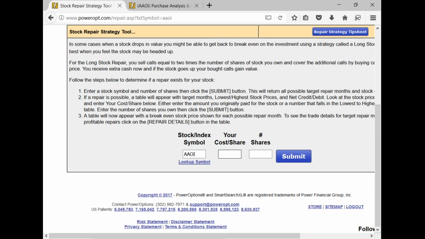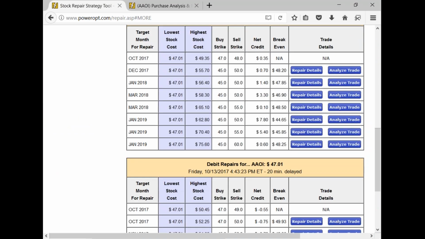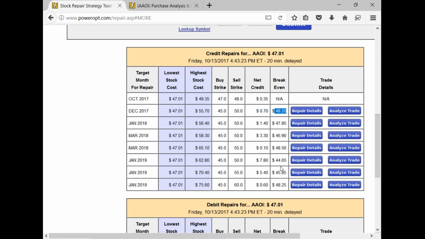I got 90 cents for the 53 put. I can go ahead, say that I own the stock at 52.10, again 100 shares to keep the math simple. Here's some implied volatility where I only need the stock to go up to 48.20, 47.85, 46.90. These are still out to December or January. There's no magical fix that you can repair this by just going 1 week or 2 weeks out. And Mark, I know you're not asking that.